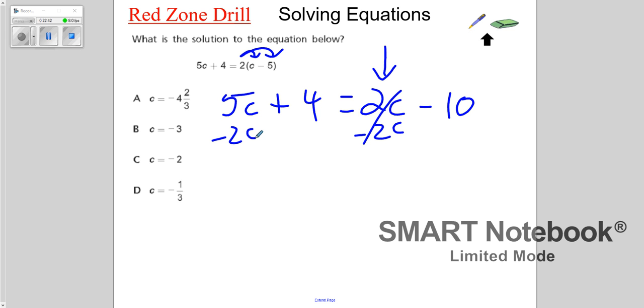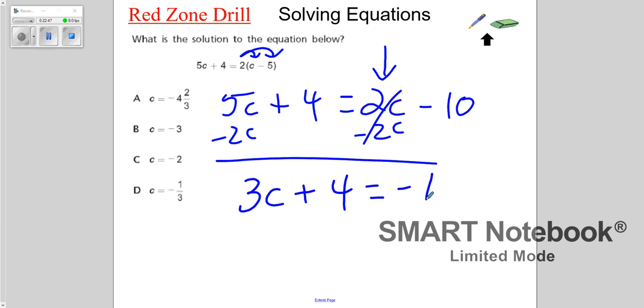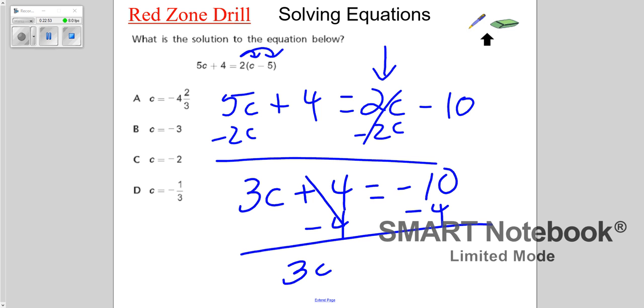Do the same thing to both sides. 3c plus 4 equals negative 10. Now bring the constant to the other side by doing minus 4. 3c equals negative 14. Divide both sides by 3. C equals negative 14 over 3. And if you convert that to a mixed number, it's choice A.